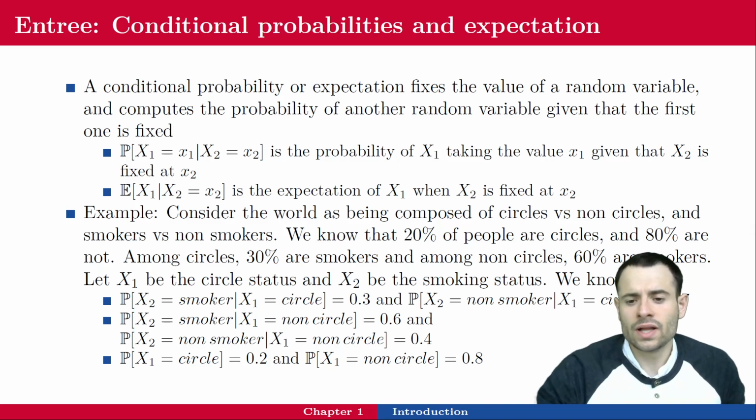Finally, I know that there are 20% of people which are circles, so I have an unconditional probability here, which is the probability that X1 is equal to circle is 20%, and the probability that X1 is a non-circle is 80%.